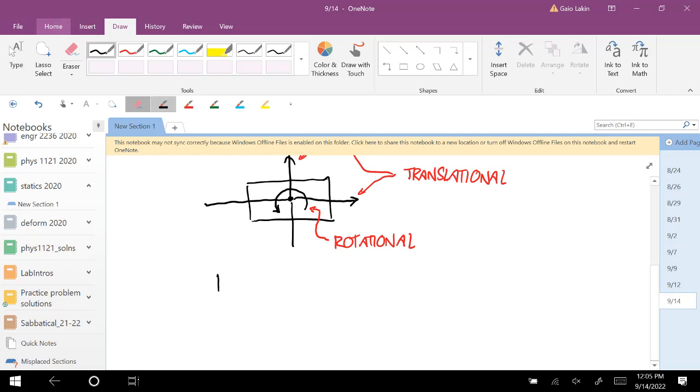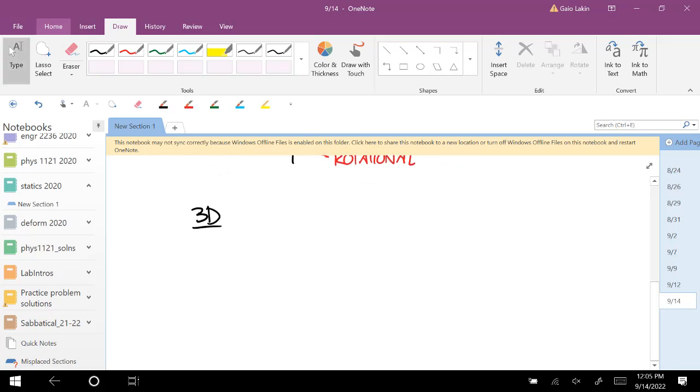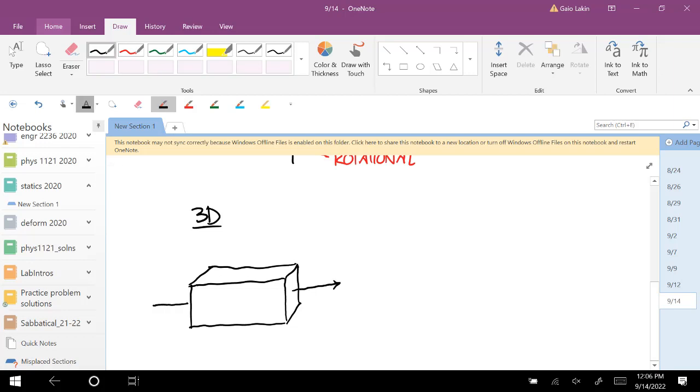In 3D, what is that, a B? I spelled 3D with a B. 3D. Okay, so here is the body. There are 3 directions of translation that are perpendicular to each other.